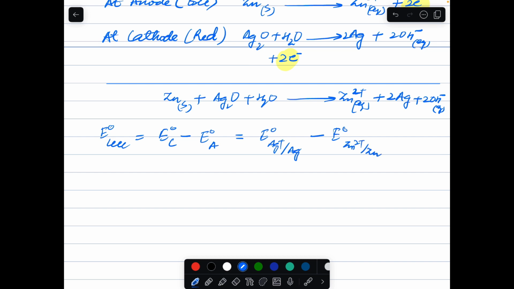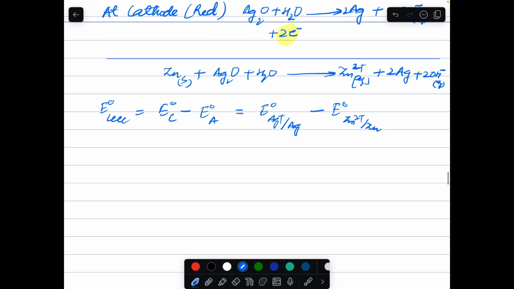Always remember, standard electrode potential is the reduction potential. So we put in the values: 0.8 volt minus (minus 0.76 volt), so we get 1.56 volt. So your E naught cell is equal to 1.56 volt.